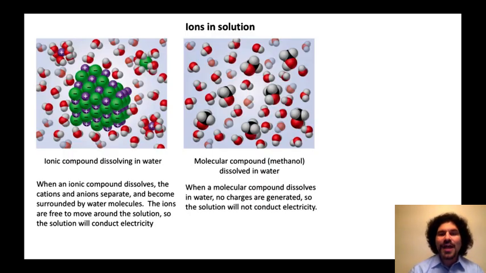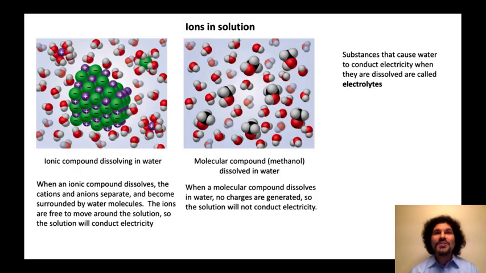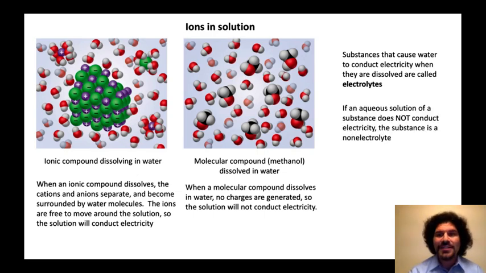For the molecular compound, when that dissolves in water, no charges are being generated at all. So you don't see any pluses or minuses in this picture. As a result, the solution will not conduct electricity. So a couple of definitions. Substances that cause water to conduct electricity when they are dissolved are called electrolytes.